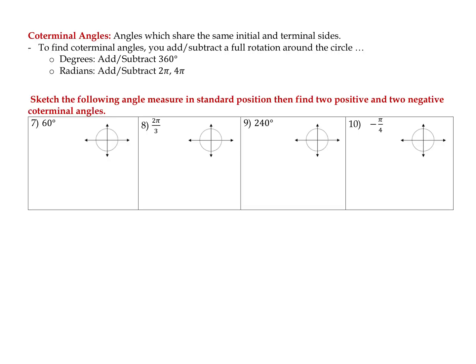Okay, so coterminal angles share the same initial and terminal sides. To find the coterminal angles, you either add or subtract a full rotation of the circle. Full rotation in degrees is 360, or full rotation in radians is 2 pi. So if I start with 60 degrees, I know that that's over here in quadrant 1.